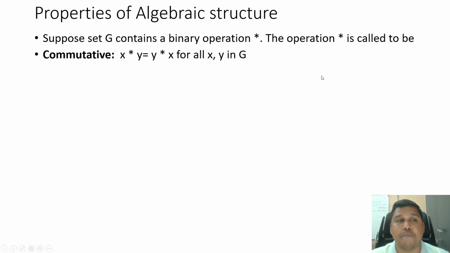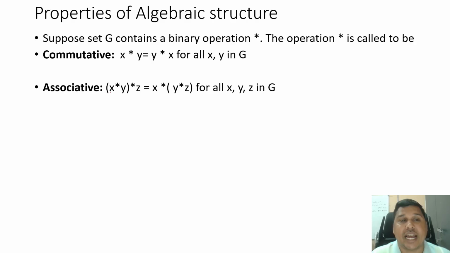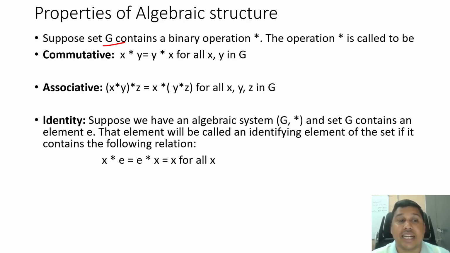Next, associativity: (x into y) into z is the same as x into (y into z). If this is satisfied for all the variables, then we say that the set G satisfies the associative property. Next, very important, the identity property.